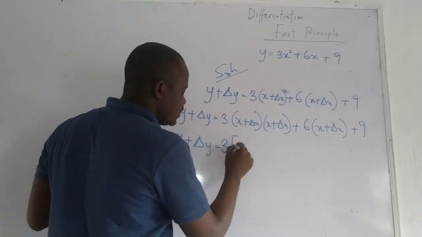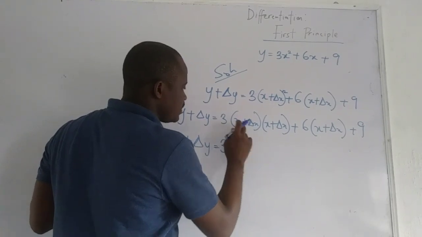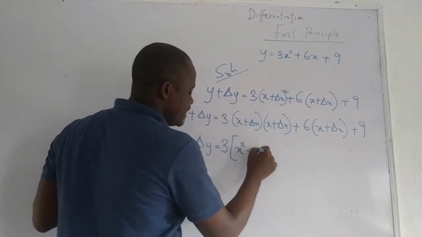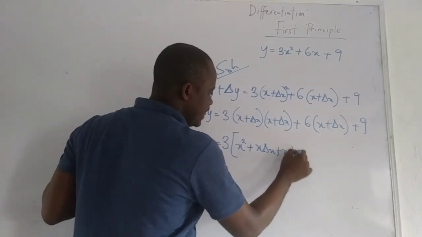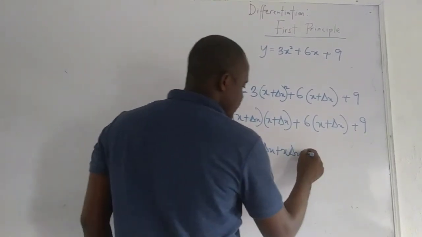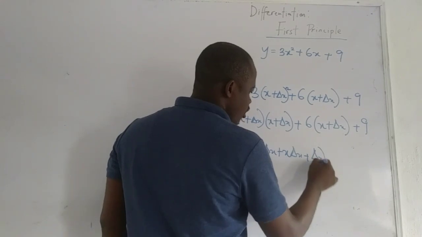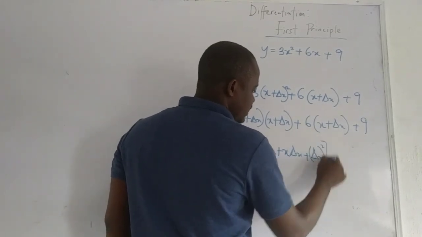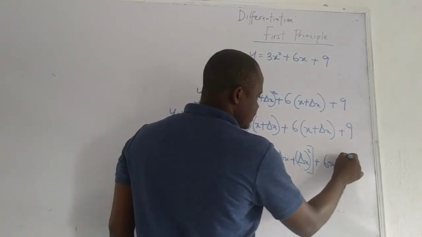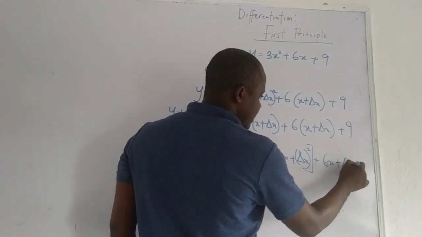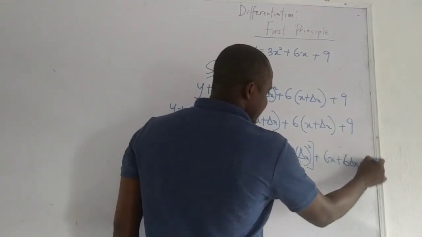Then this and this is what? x squared plus this and this is what? x delta x plus x delta x plus delta x all squared, close this long bracket, plus 6x plus 6 delta x plus what? 9.